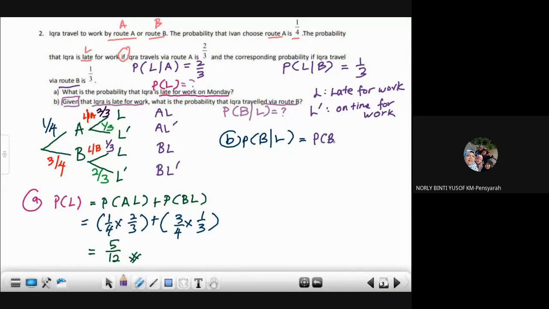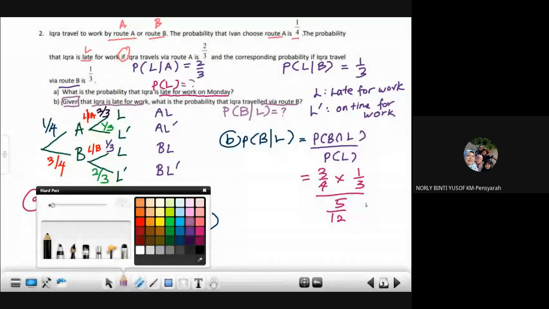So use your conditional probability formula. Probability of B intersect L given probability of late. Okay, so probability of B intersect L, kita ada satu je lah event kat sini kan. Road B late. So you take from the tree diagram. 3/4 times 1/3 divided by probability of late. Late, this one you already calculate in your A. That is 5/12.